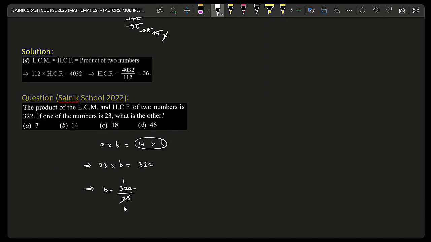What is the remainder? 32 minus 23, 9. 92. 23 fours are 92, and the second number we got is 14. So which option is correct, Ritvik? Option B. Very good. You can mute yourself, Ritvik.